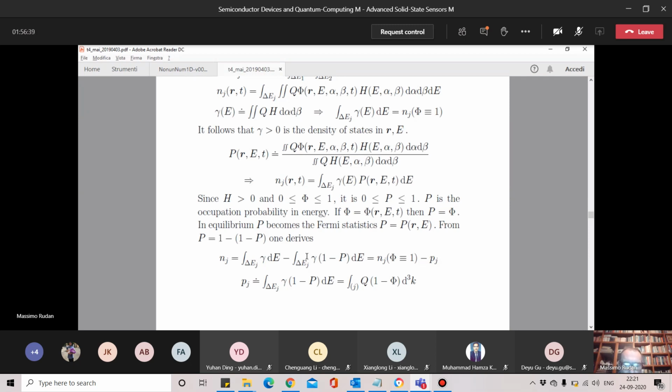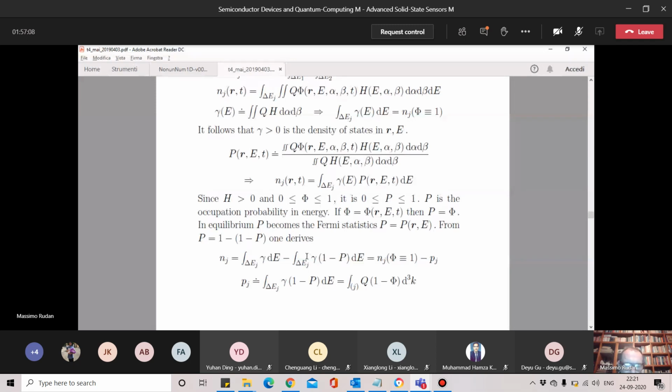On the other hand, P is the probability that the state is filled. So 1 minus P is obviously the probability that the state is empty. So if we consider the density of states times the probability that the states are empty, and then we integrate over energy, we find the concentration of the empty states.